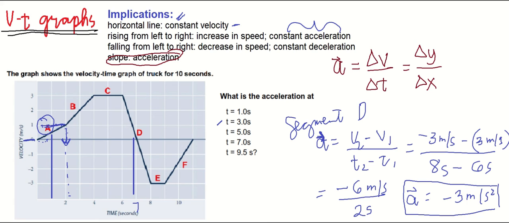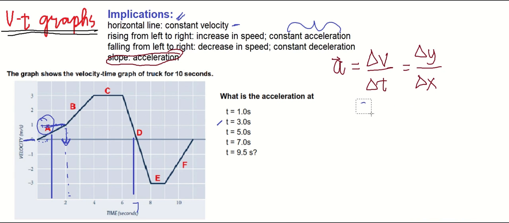And lastly, for t equal to 9.5 seconds, we expect there a positive acceleration. Nasaan ba si 9.5? 9.5 is somewhere here. Okay, nasa segment F na siya. So segment F. So we solve again.